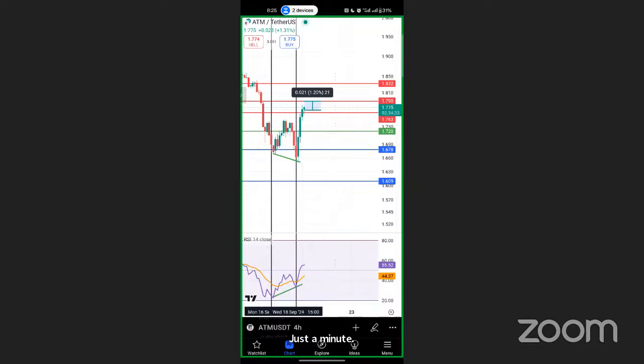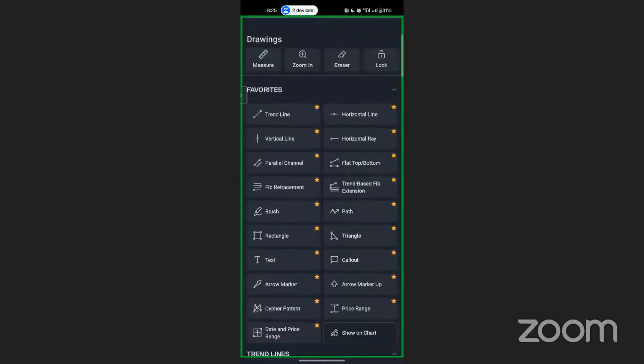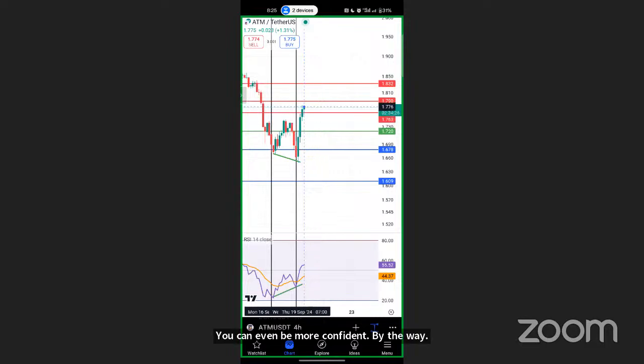You can even be more confident, by the way. And go in 2/3 of your journey around here because of the divergence.